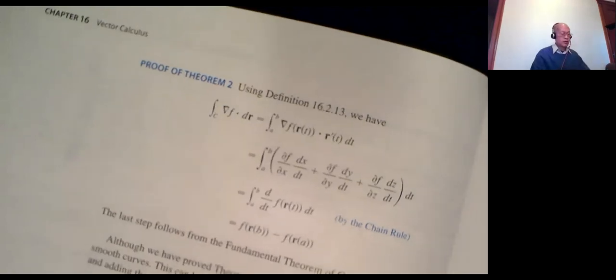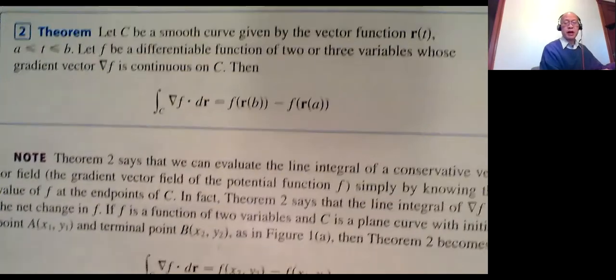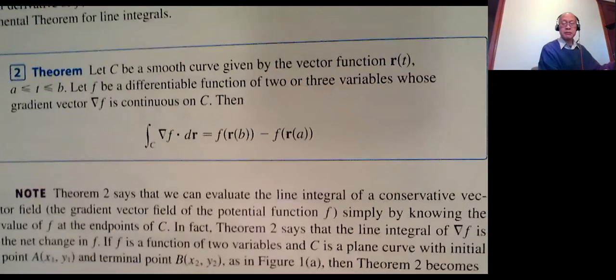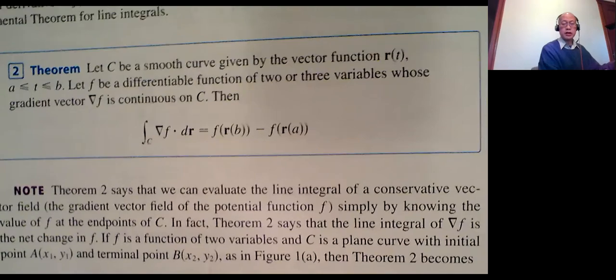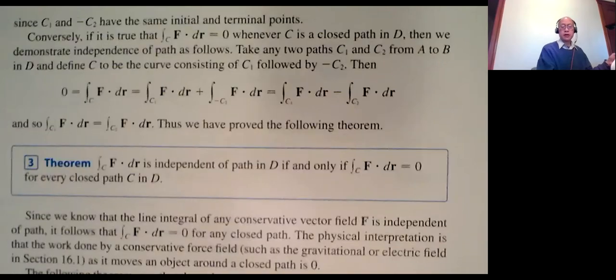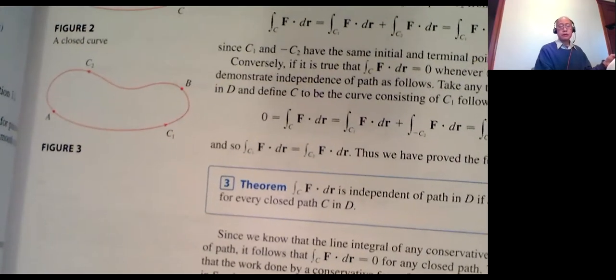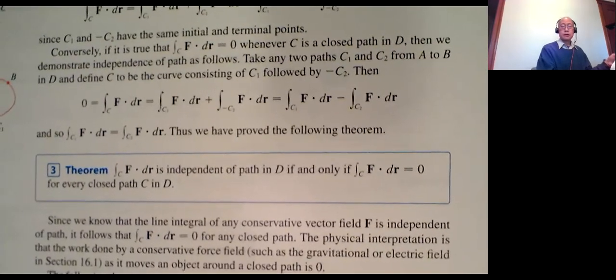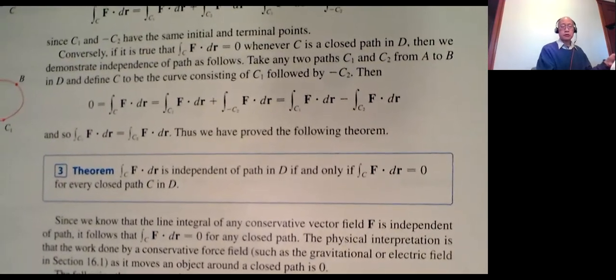Because if I do this integral, f of r of b minus f of r of a, the starting point and the ending point are the same, so when you subtract, you get 0. And if that happens all the time, then you have a conservative vector field. So one theorem is that if along any closed curve you always get 0, then you have path independence also.